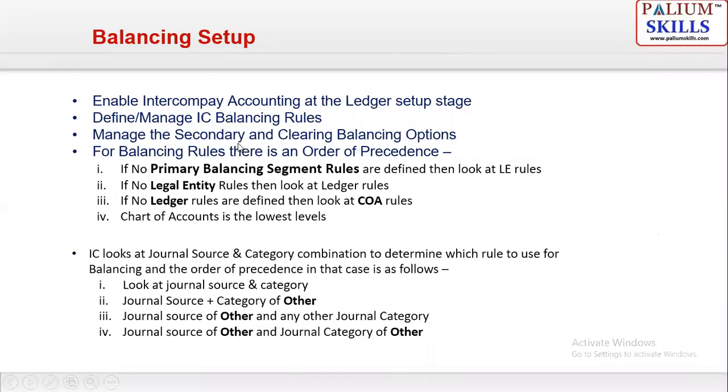Depending on at what level it is defined, it will check. If primary segment balancing rules are defined, it will pick that up. If not, it will look at the legal entity rules.